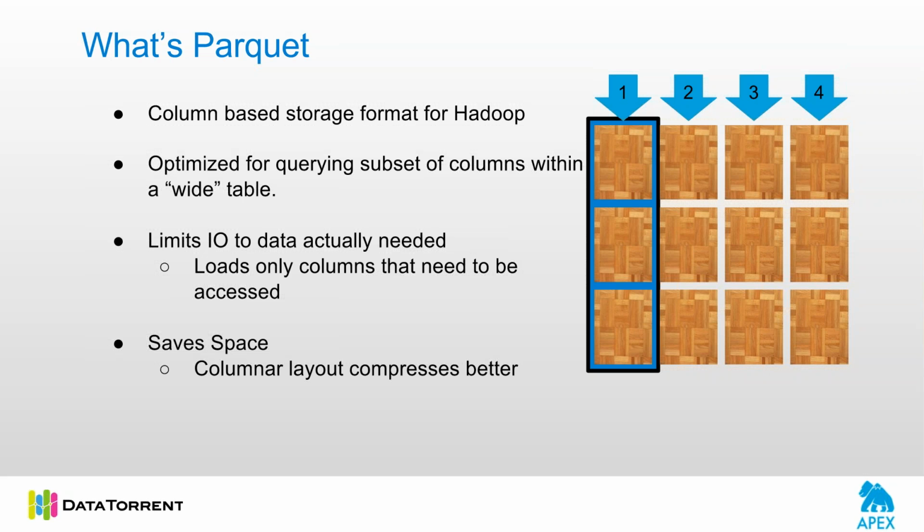Columnar storage also has another advantage: it saves space. This is because all the values of a column belong to the same data type, so we can apply better compression mechanisms, thereby saving space.